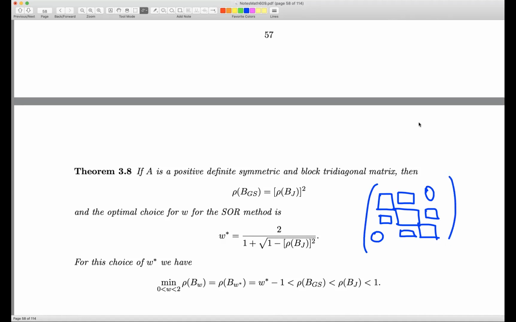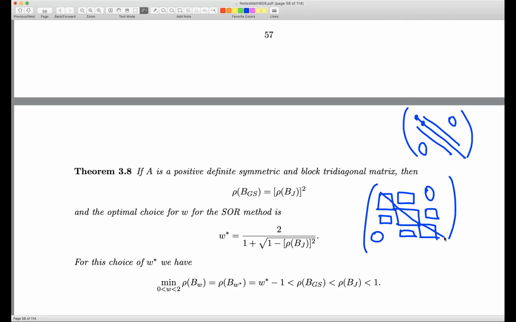This is block tridiagonal. Tridiagonal is if you have something which may be non-zero on the main diagonal, on the diagonal above the main diagonal, on the diagonal below the main diagonal, and everywhere else you have 0, then you have a tridiagonal matrix. Block tridiagonal means that you have blocks rather than single entries that has the same structure.